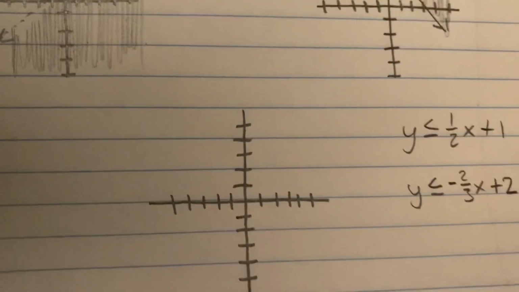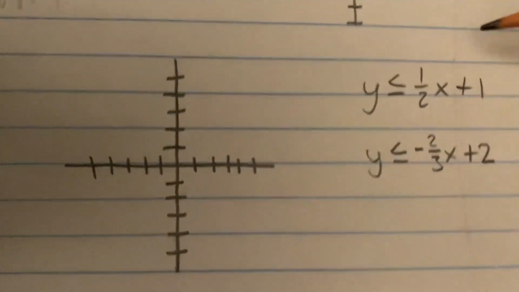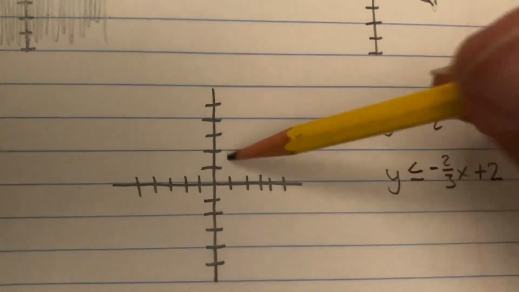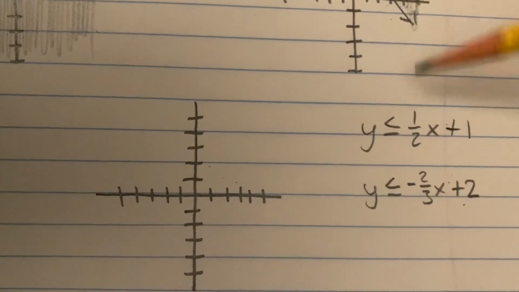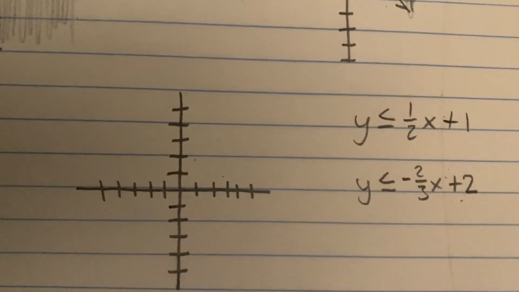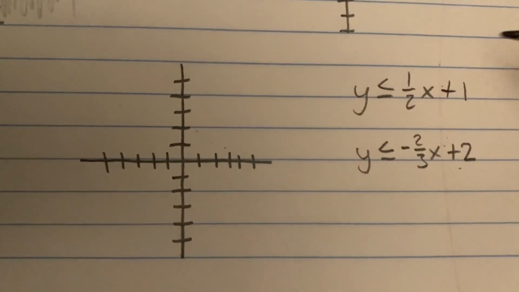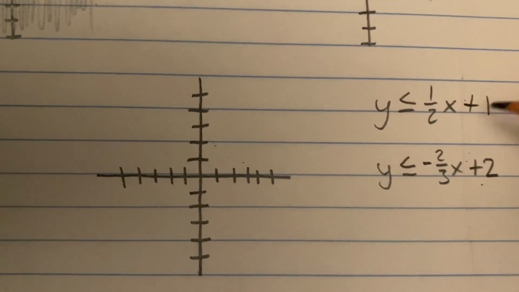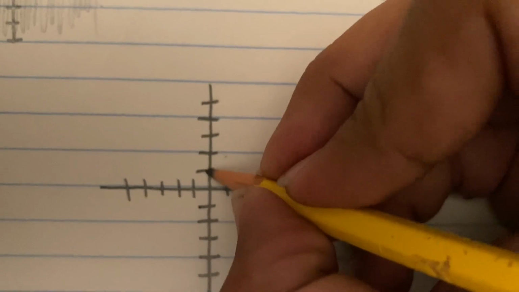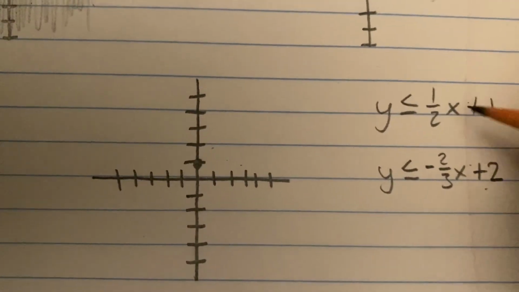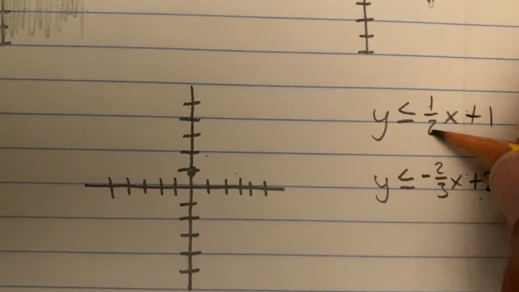Now let's check out this. I'm now going to graph these two on the same graph. This is called a system of equations, but with an inequality, so systems of inequalities. I'm going to do this one first. You're going to start on 1, and then you're going to go up 1 and over 2.